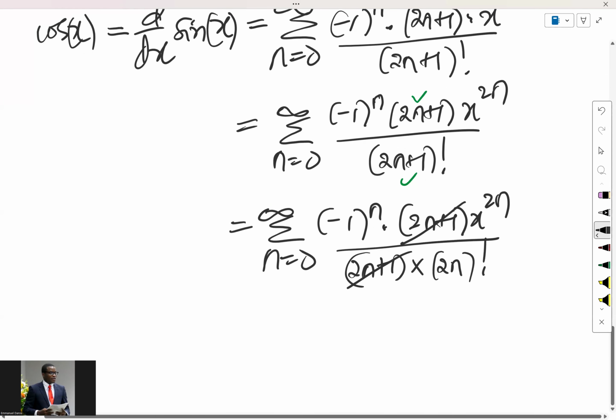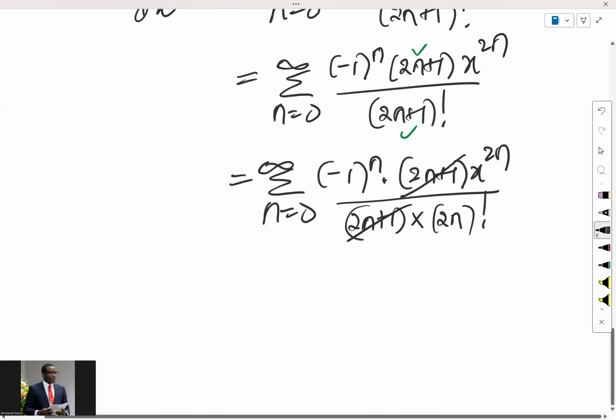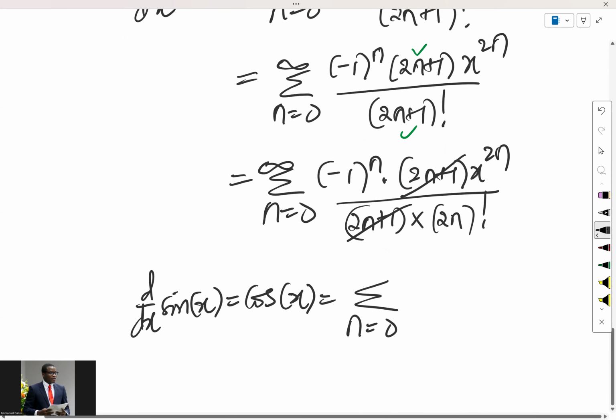So this cancels this. And then we see that d dx of sine x, the derivative of sine x, is actually the same as cos x.